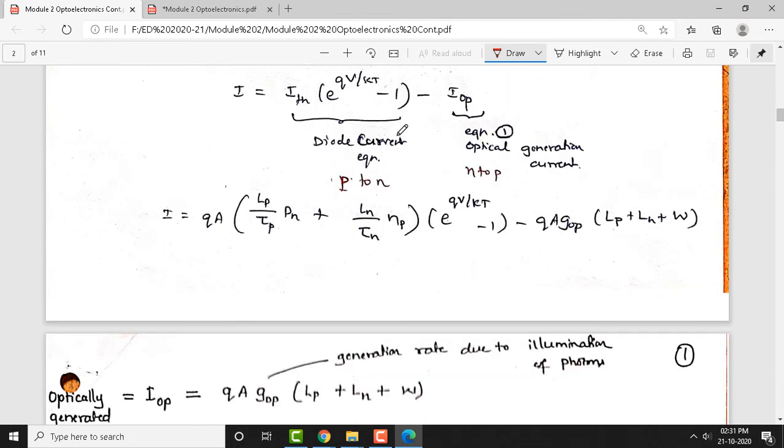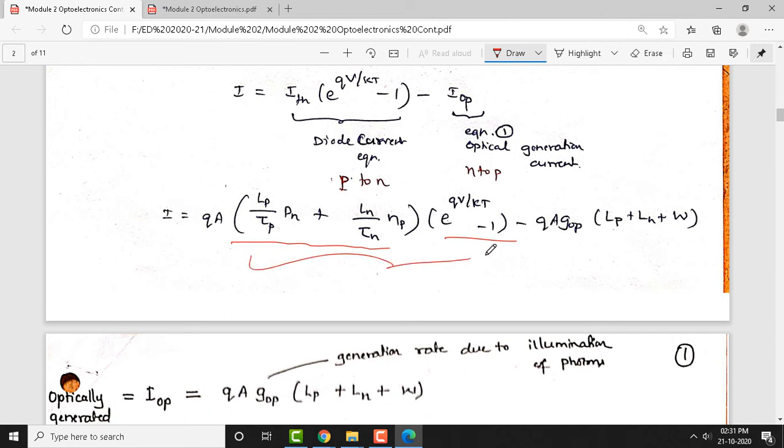Now, you can see that this current flows from P to N and the optical current flows from N to P. Now you can substitute for I naught, or I_TH, the thermally generated current, with the equation we have just shown: q A L_p by tau p, where tau p stands for the lifetime of holes and L_p for the diffusion length for holes, plus L_n by tau n into N_p, with the diode exponential term remaining the same.